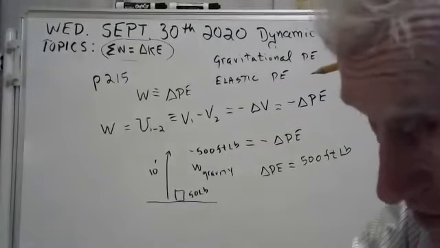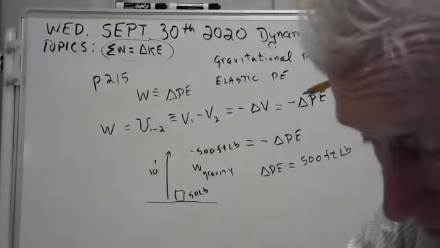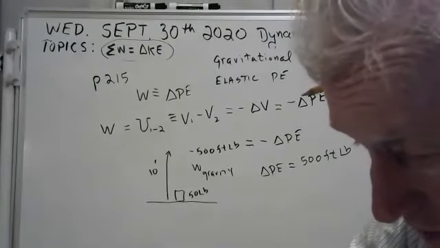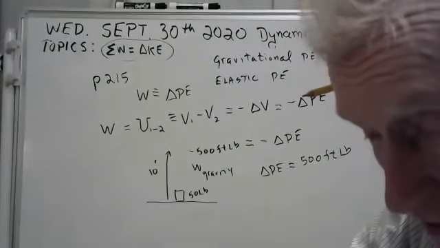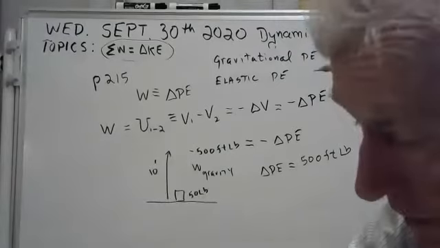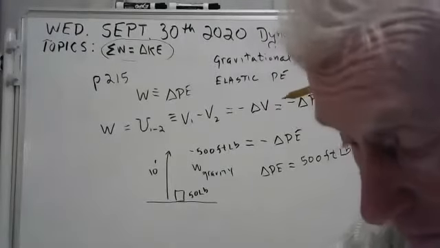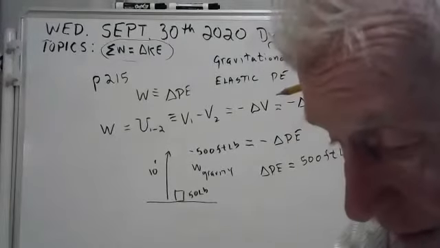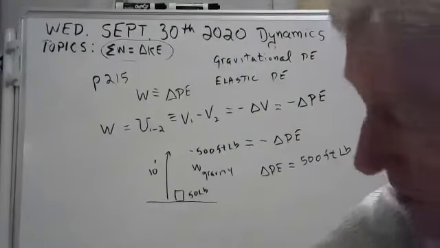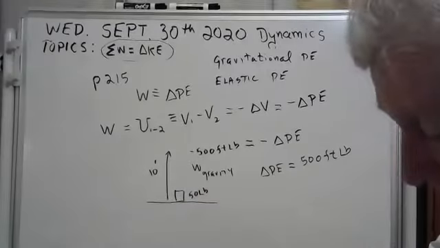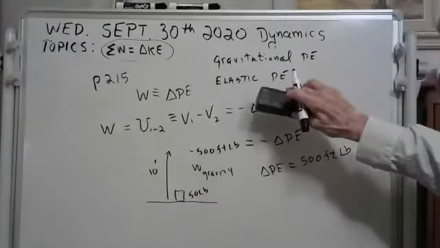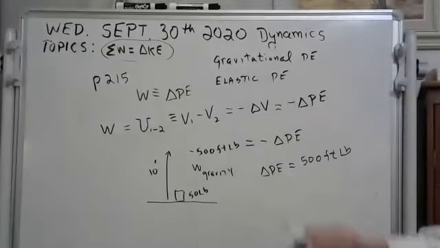Now, there are other kinds. There's things dealing with the nucleus of atoms that we don't need to talk about. There's surface tension. There's magnetic. There's energy in magnetic fields. But the only two kinds of potential energy dealt with in this book are elastic and gravitational.